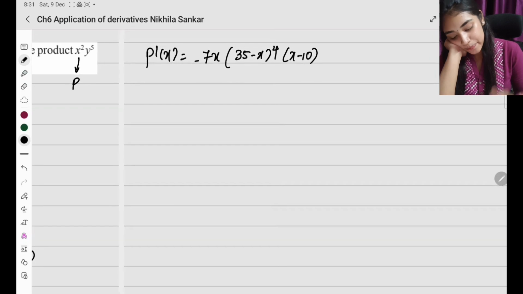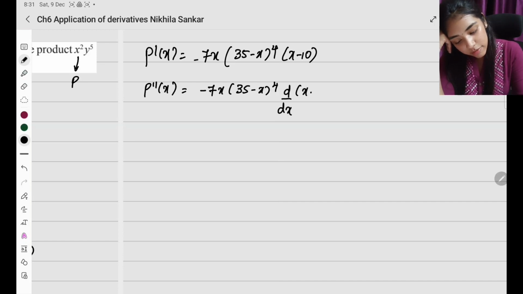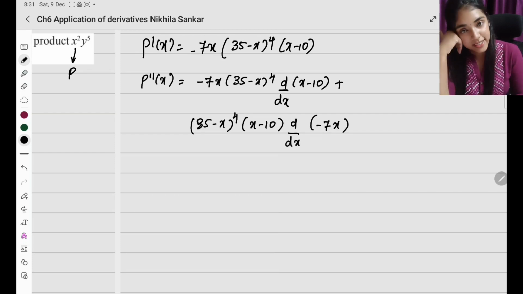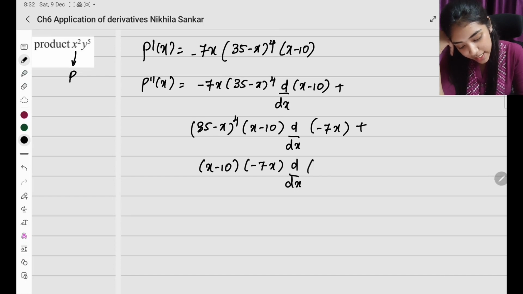Now when I find the second derivative, double dash is going to be minus 7x times (35 minus x) the whole power 4 times d by dx of (x minus 10), plus the second term, (35 minus x) the whole power 4 times (x minus 10) times d by dx of the first term, minus 7x. Again plus the third term, which is (x minus 10) times minus 7x times d by dx of (35 minus x) the whole power 4.